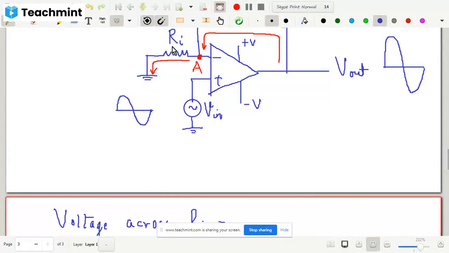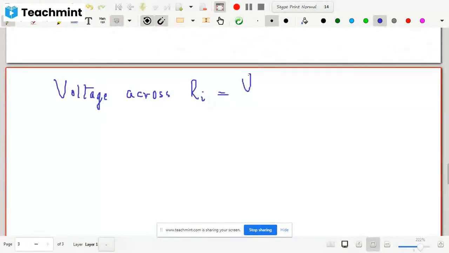So the potential across this one is nothing but V in minus 0. Sorry, it is not the current, it is actually the voltage, so there would be no division by Ri here. So this voltage is nothing but V in.